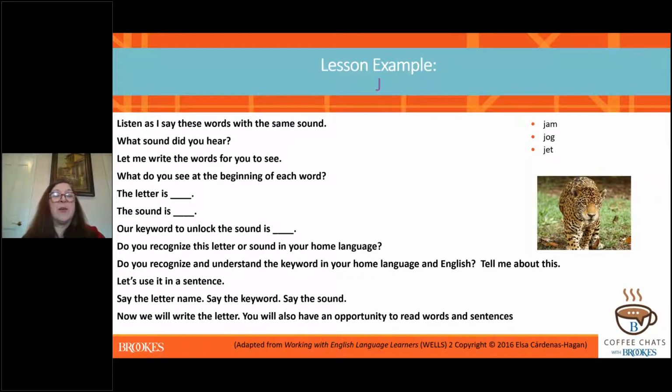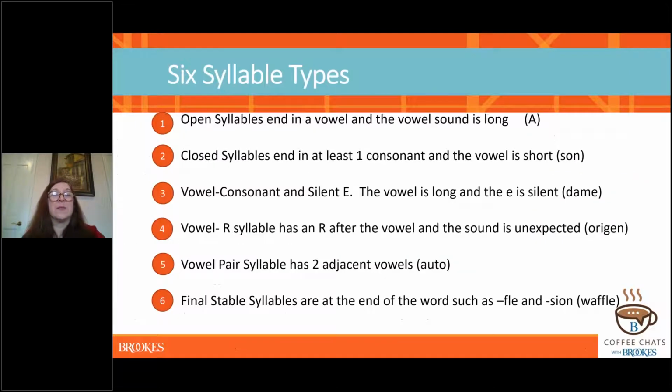So right here you see me going through, them being able to listen to the same concept, listen to that initial sound, being able to make the connection between the Spanish and English, and seeing how they're the same and how they're different, and then following up with more practice.